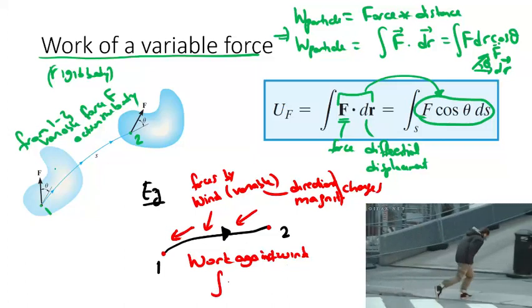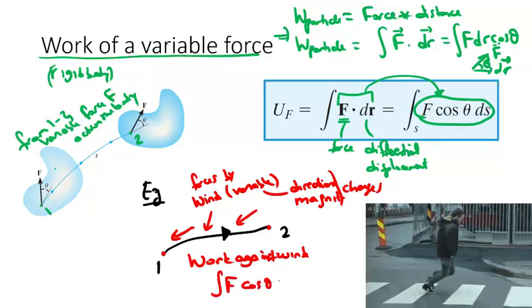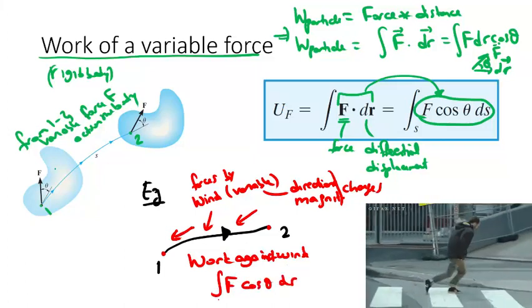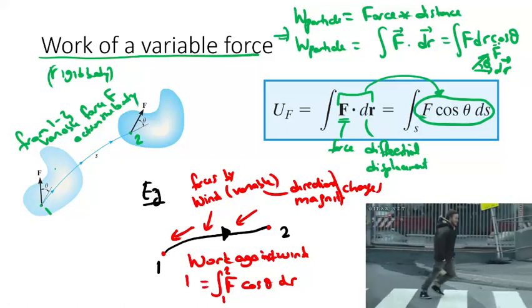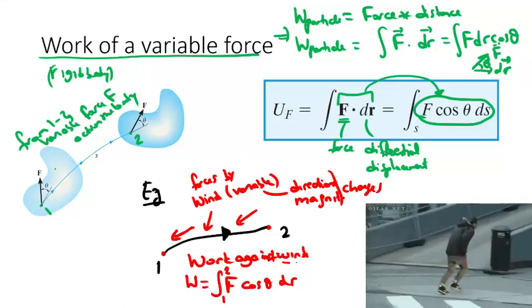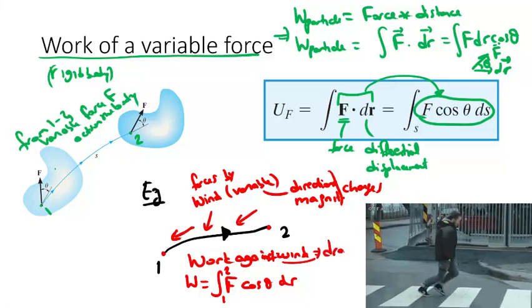So that will be F cosine theta dr, integrated from 1 to 2. From 1 to 2, that will be the work. And this wind, you can call it a drag.